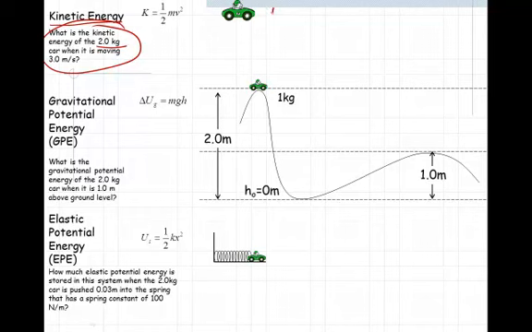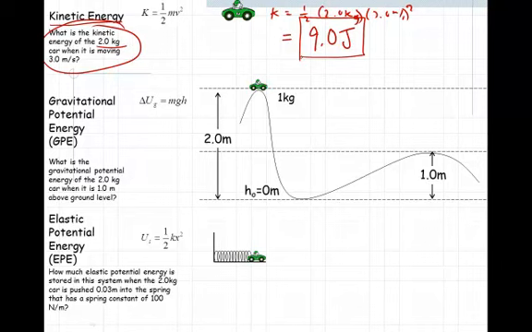So if we plug this into our equation, our kinetic energy would be equal to 1/2 times the 2.0 kilograms of the car times its velocity, which is 3.0 meters per second, and we're going to square that. So we end up with a value of 9.0 joules. So this object has a kinetic energy of 9.0 joules.